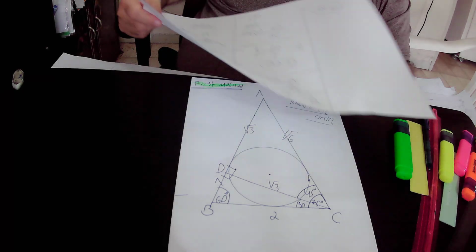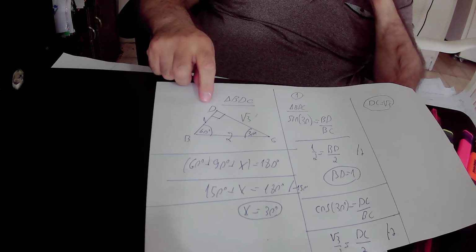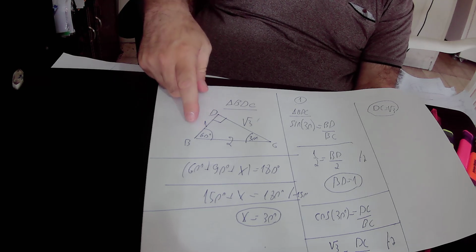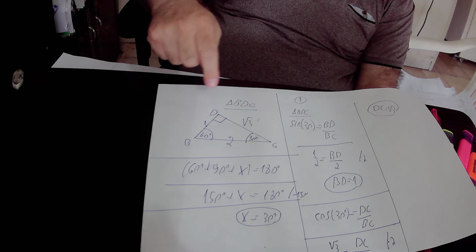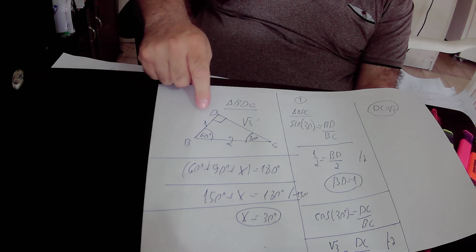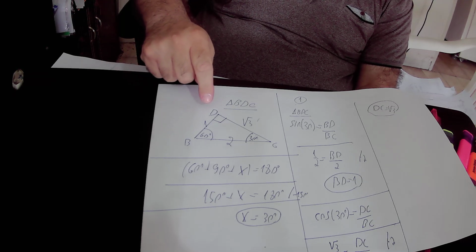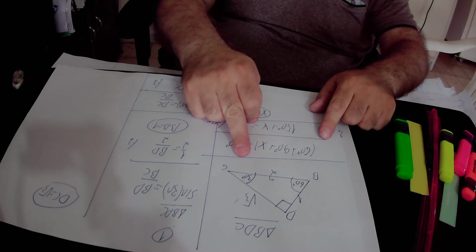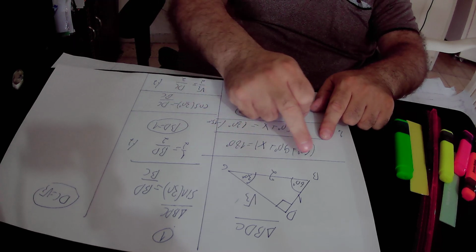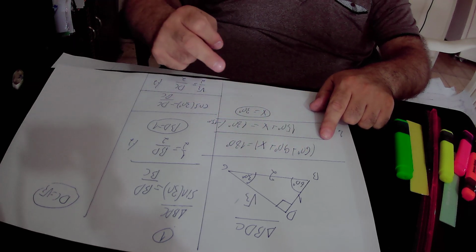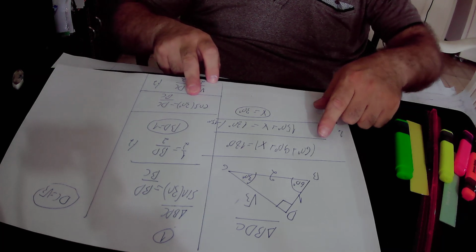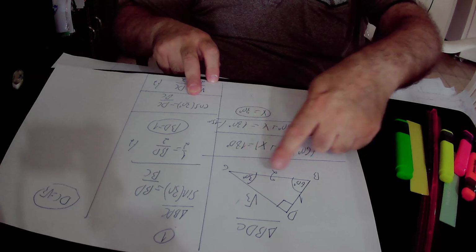We continue to focus on triangle BDC. In triangle BDC, cosine 30 degrees equals DC over BC.